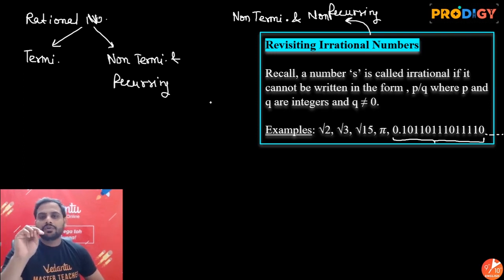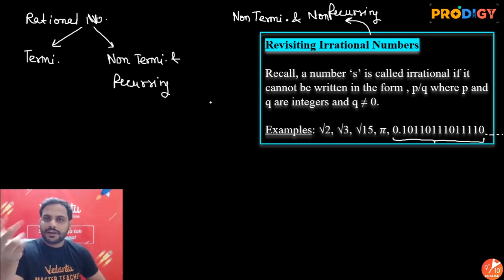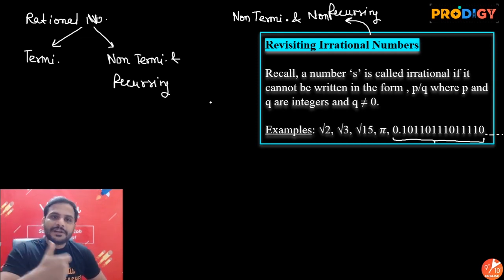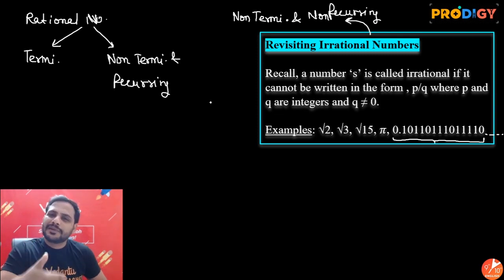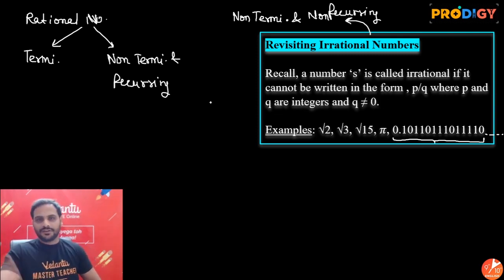Second is, if I give you a rational number, say 7 by 5 or 2 by 3, how do I get to know whether the decimal expansion of that rational number will be terminating or non-terminating? These are the two topics we are going to cover today. For an irrational number, I know the decimal expansion is always non-terminating and non-recurring.